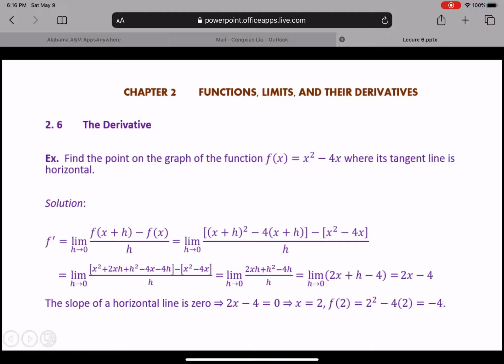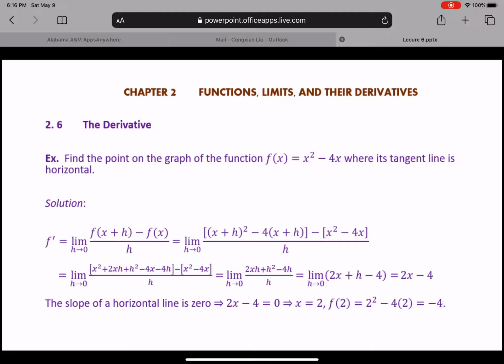Let's do another one. This time we need to find the point on the graph of the function f of x equal to x squared minus 4x, where its tangent line is horizontal. So this is a quadratic function. We need to find the point on the curve so that the tangent line is horizontal.